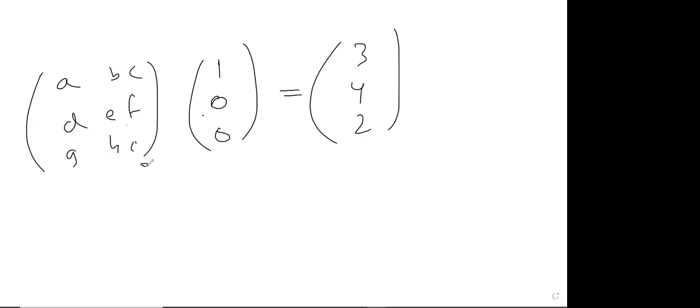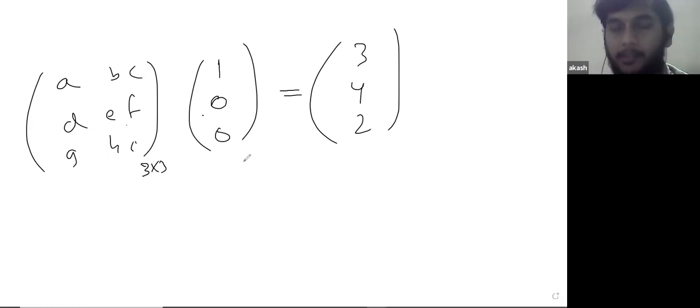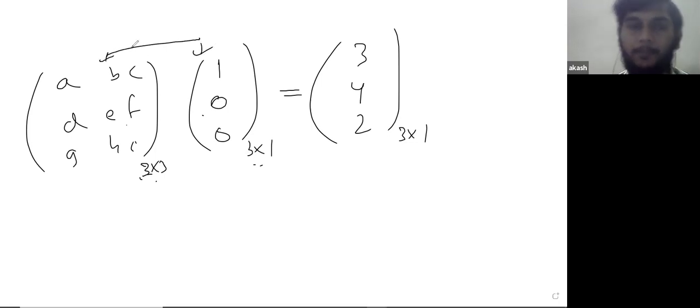Okay. So see, this is a 3 by 3 matrix, and this is one matrix, so the multiplication of these will give a 3 by 1 matrix. We'll equate this and we'll get the answer. So multiply these two matrices.